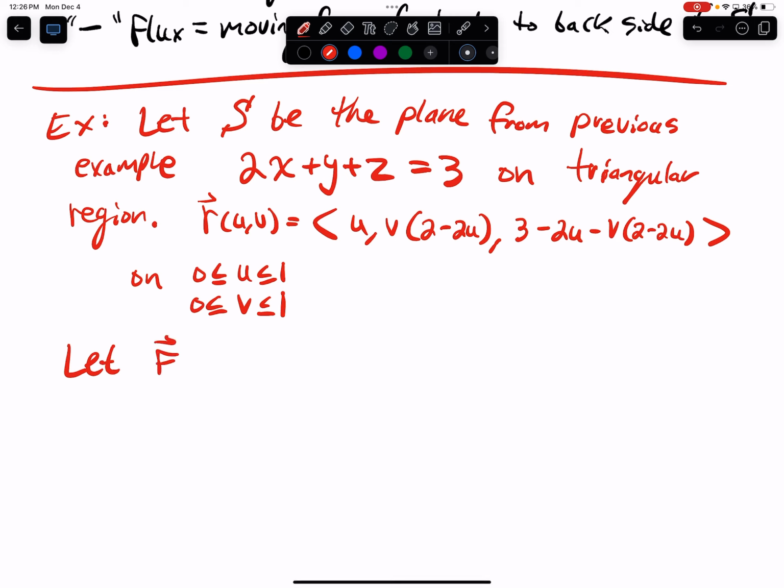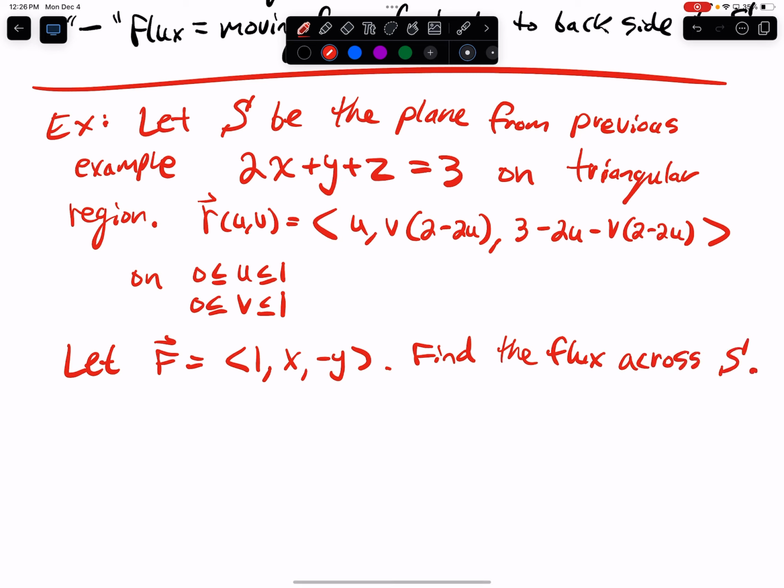Let the vector field F be defined by 1, x, negative y. And I want to find the flux across the surface.